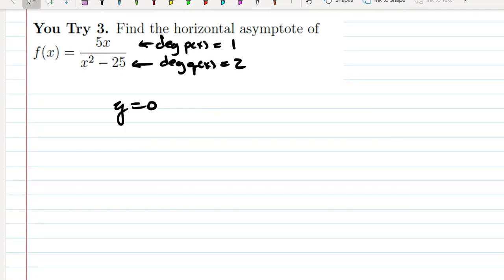So we need another definition when we move into our last type of asymptote. We've done vertical asymptotes, we've done horizontal asymptotes, and there's one other type of asymptote, which is called an oblique or a slant asymptote.